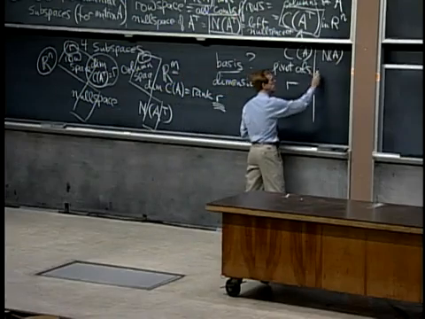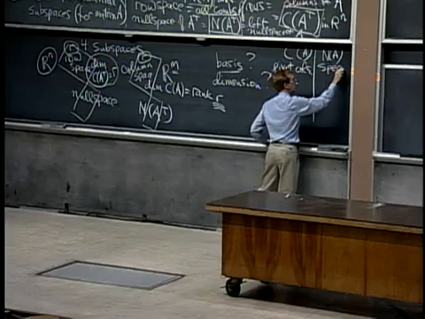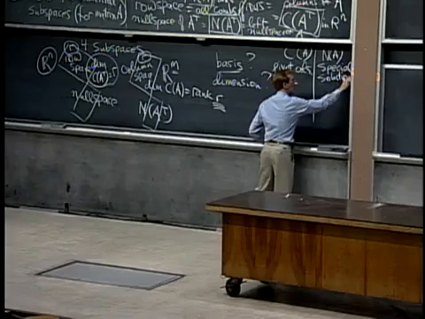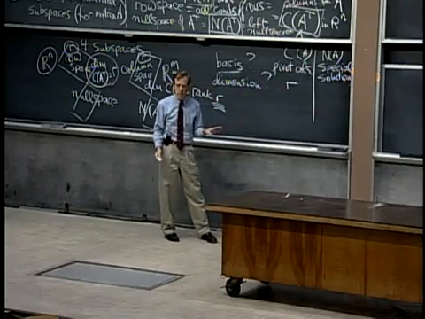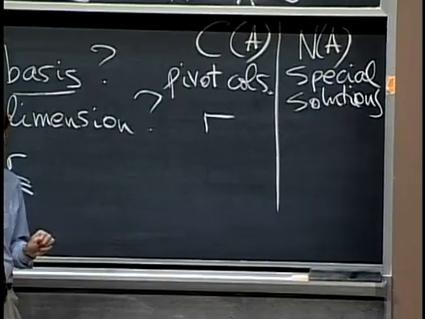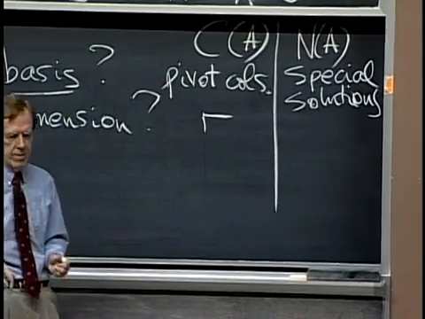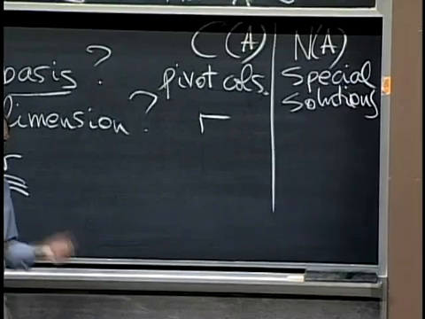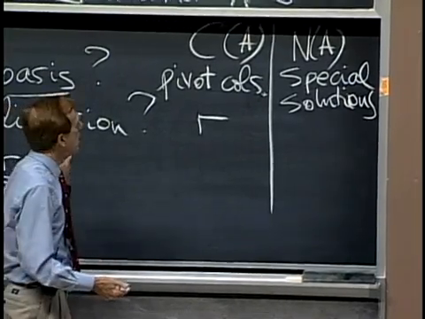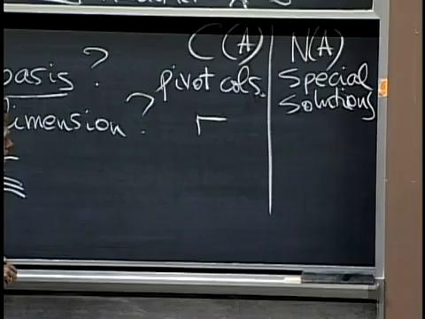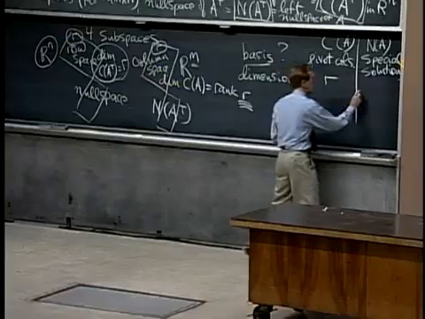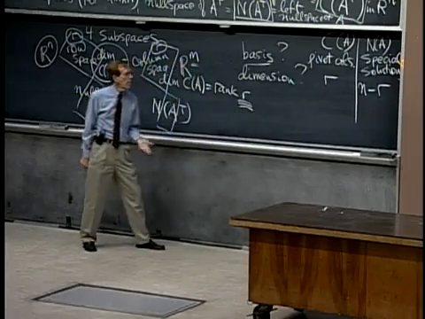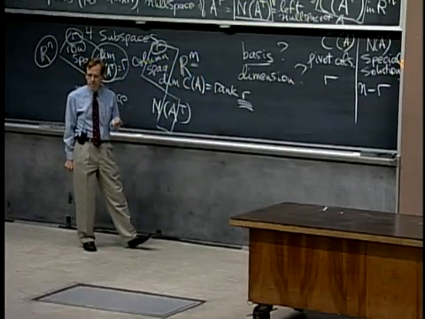So for the null space, a basis will be the special solutions. There's one for every free variable. For each free variable, we give that variable the value 1, the other free variables 0. We get the pivot variables, we get a special solution. So we get altogether n minus r of them, because that's the number of free variables.